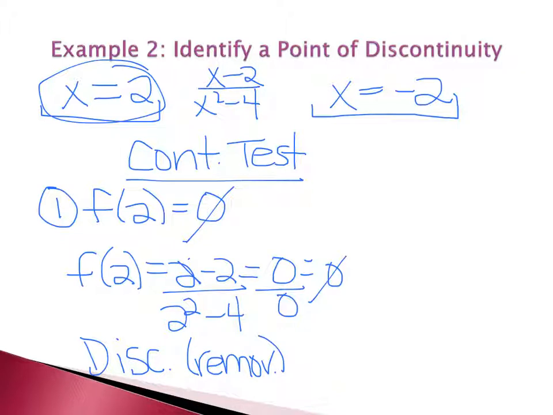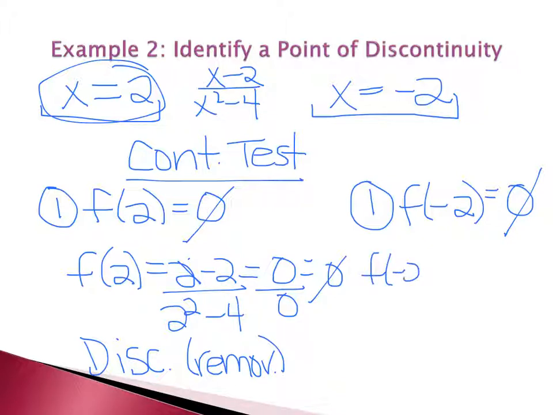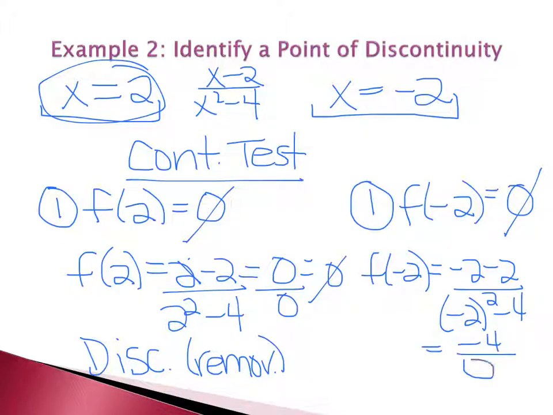And at x equals -2, if I test that out, I'm going to first determine f of -2, which our table told us was undefined. And if I back that up by checking what the table had, I have -2 minus 2 over -2 squared minus 4, or -4 over 0.